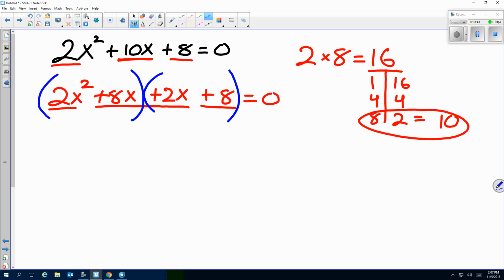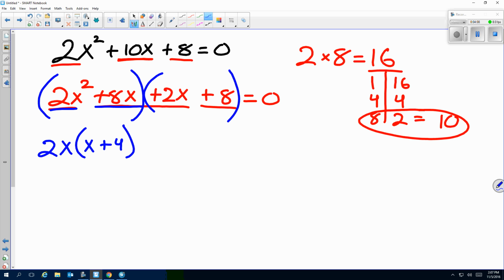If I look at this first group, the greatest common factor between 2x squared and 8x is a 2x. And when I divide a 2x out, I'm left with an x plus 4. Again, 2x squared divided by 2x equals x, and 8x divided by 2x is equal to 4.